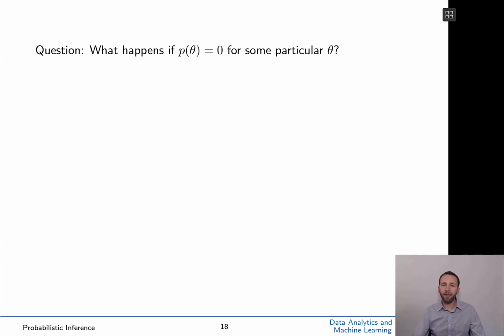Okay, so one other point: what actually happens if we pick a prior where we have 0 for some particular theta? Let's say we pick a prior where we say, I'm 100% sure that the coin will never be a coin which has 80 or 100% tail probability. So what happens in this case? Think about it for a second.